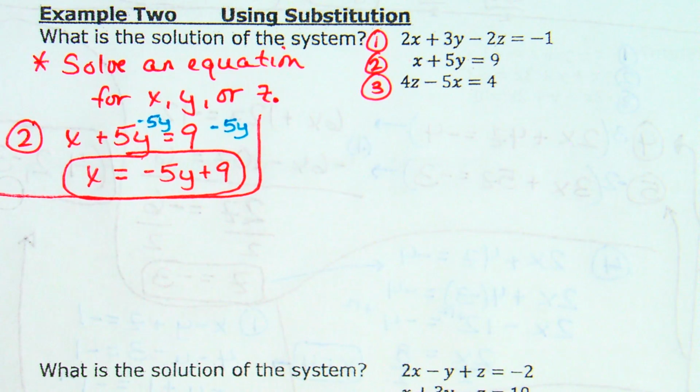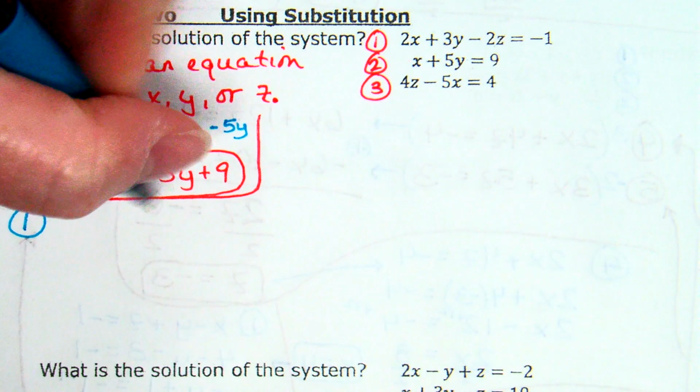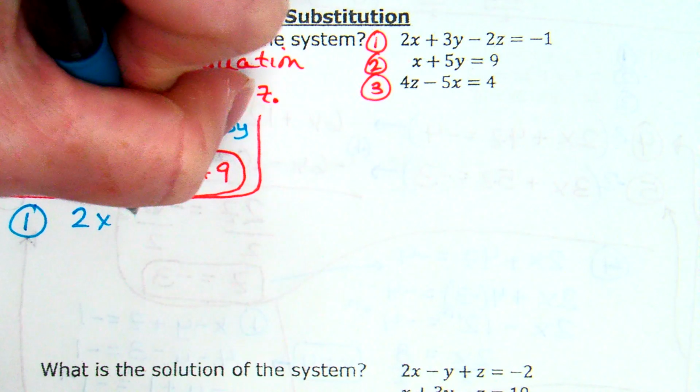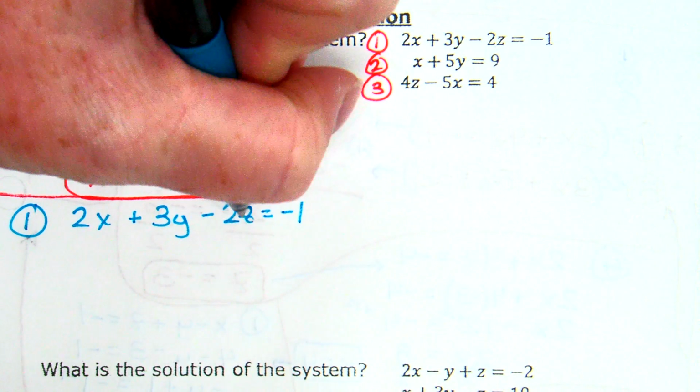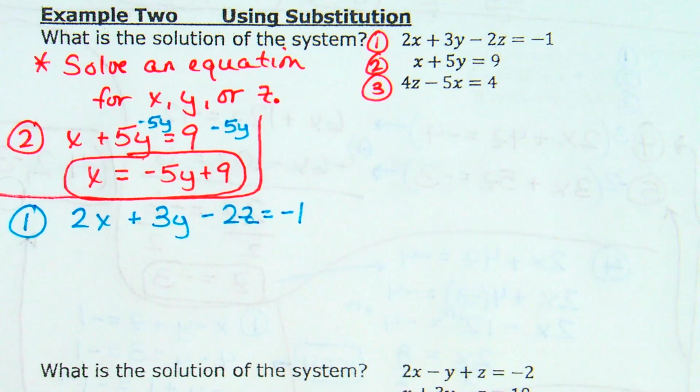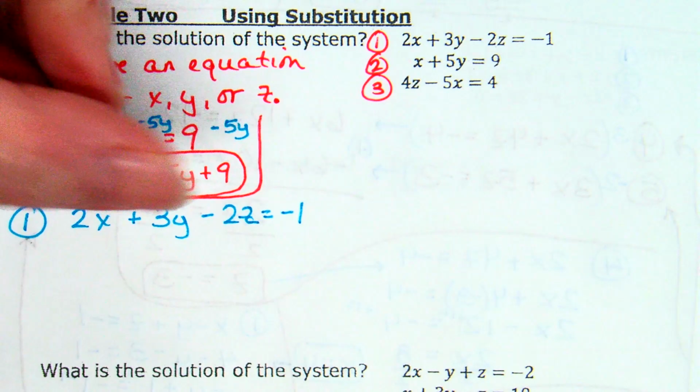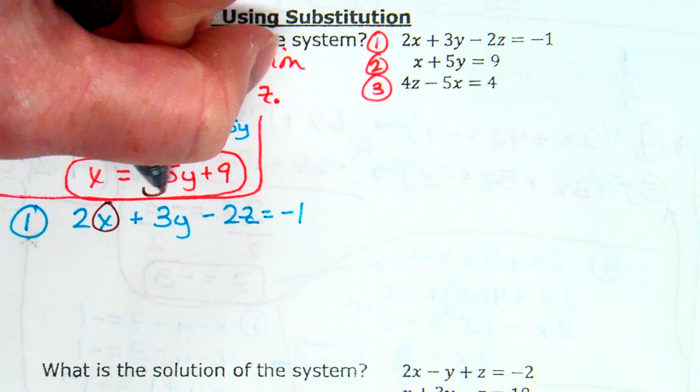Okay. So equation 1, let me write it down here. It's 2x plus 3y minus 2z equals negative 1. Every place I see an x, we're going to replace it with negative 5y plus 9.